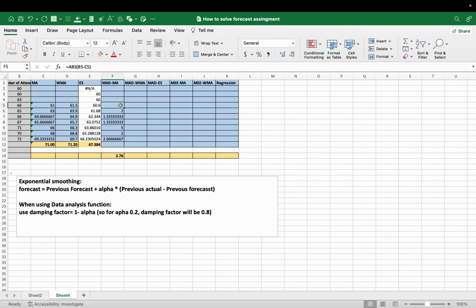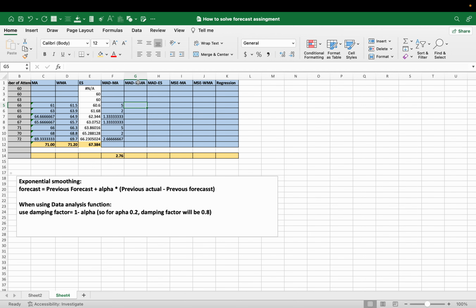So we start from here and we stop here, because here we have actual data and our forecast. For this one we don't have actual data, so we cannot take the difference, therefore we need to stop here. And this is called mean absolute deviation using moving average data.